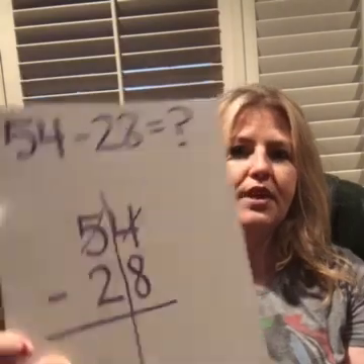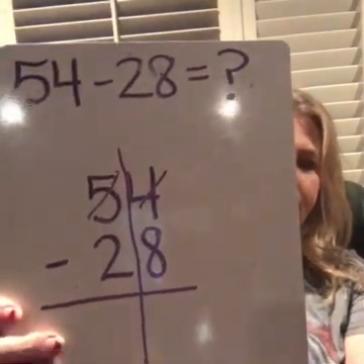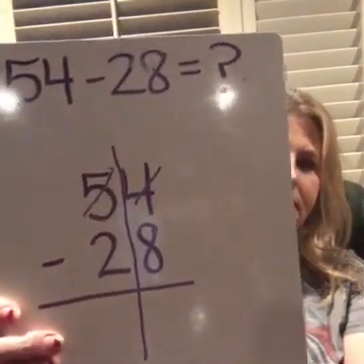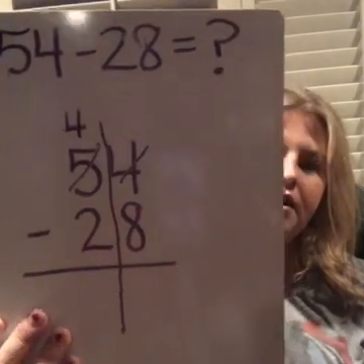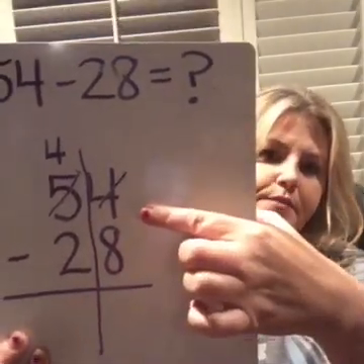So I'm going to mark out my 5 and my 4. If I take a 10 away from that 5, what does it become? 4. Very good. And if I give a 10 to the 4, what does it become? 14. So it was a 4 and I gave it a 10.